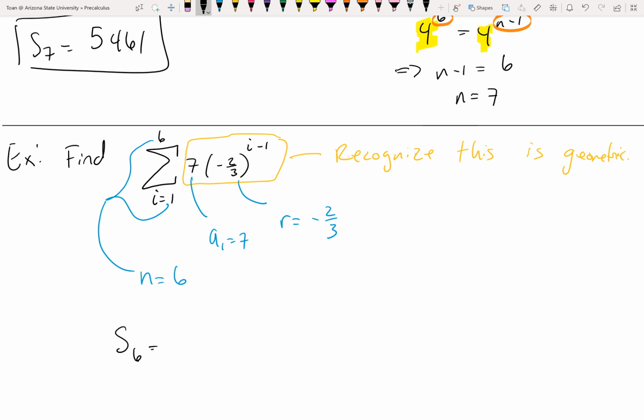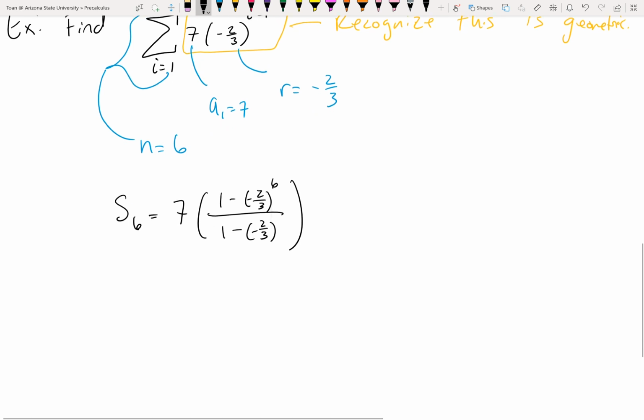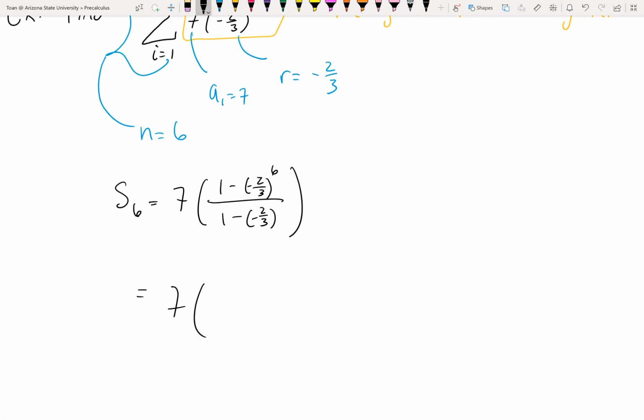So S sub 6 is equal to the first term times 1 minus r raised to the n over 1 minus r. Notice I use parentheses because our r is negative, so you're going to have to be careful with that when you evaluate. I'm going to go ahead and do this separately.